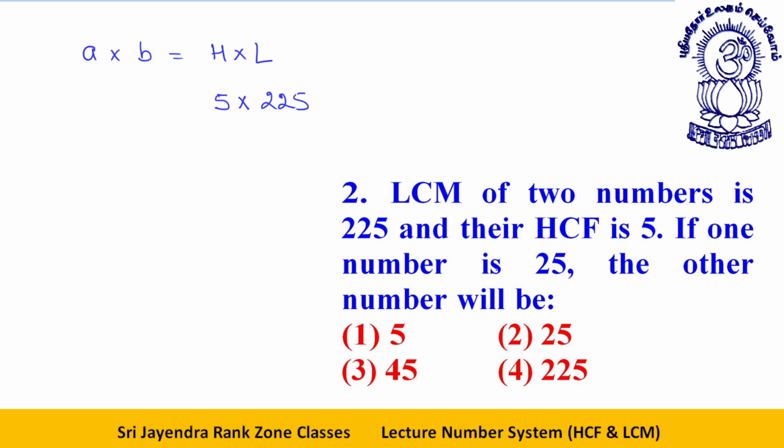If one number is 25, let's say the one number is 25, we have to find this other number. Very easy. 225, 25 cancel to give me a 9. So B is equal to 5 into 9, or B is equal to 45. Quite easily done. You can copy it, dear students.